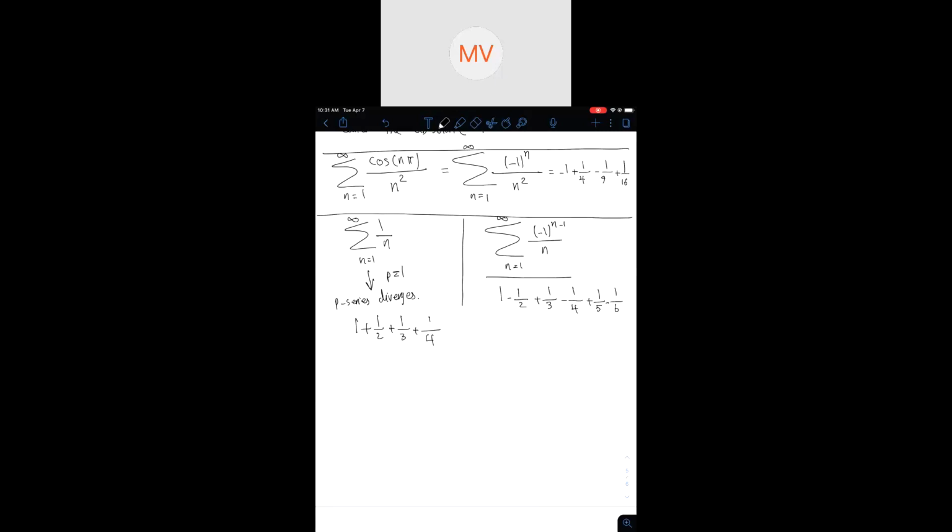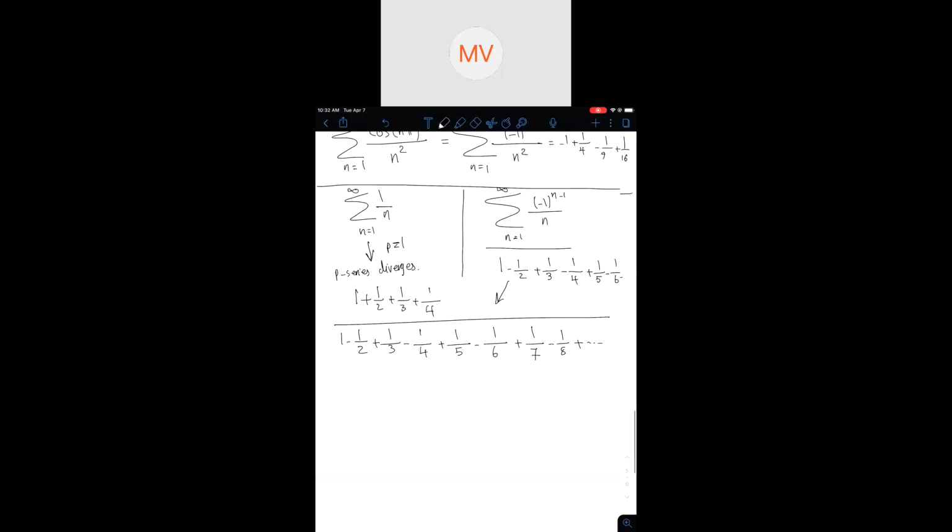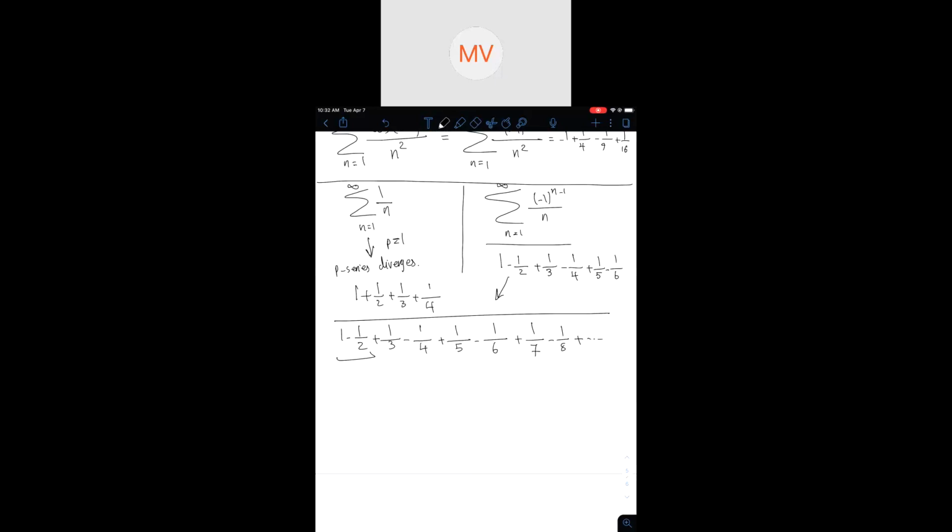The reason for this one, specifically, is that we can talk about what happens to the terms. Think about it. Let me write it here. It's 1 minus half plus 1/3 minus 1/4 plus 1/5 minus 1/6. Let's write down even the next one, 1/7 minus 1/8. Consider each pair. What's the subtraction?